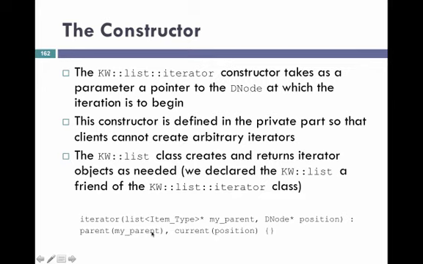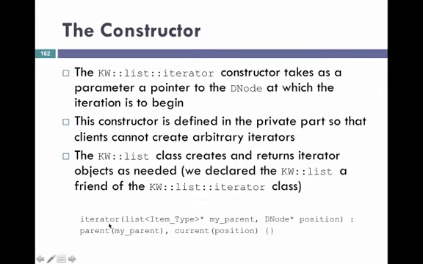Now the list iterator constructor takes as its parameter a pointer to the D node at which the iterator is to begin, and this constructor is defined in the private part so that clients can't create arbitrary iterators. So the list class creates and returns this iterator object as needed, and we declared KW::list as a friend of this iterator class.